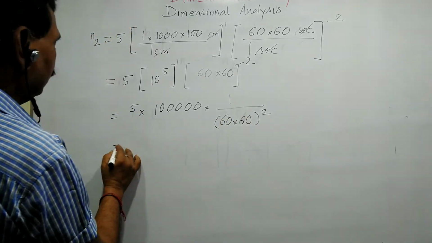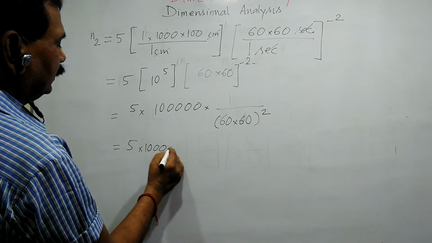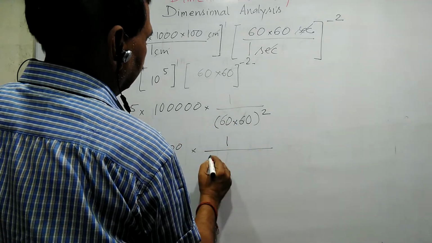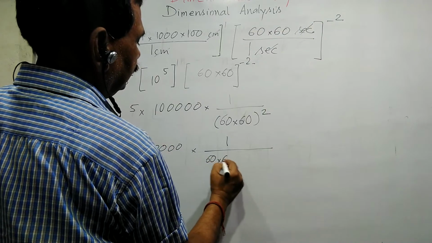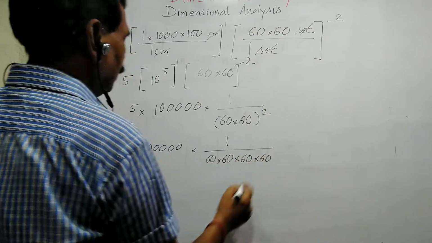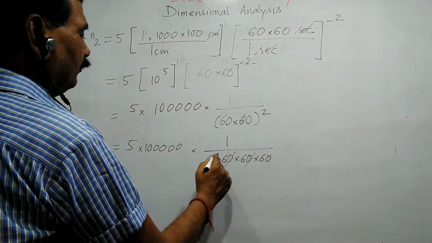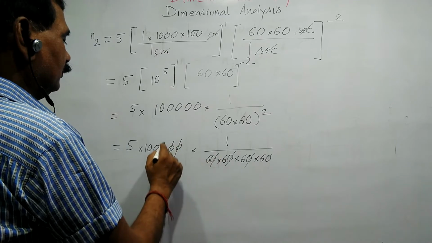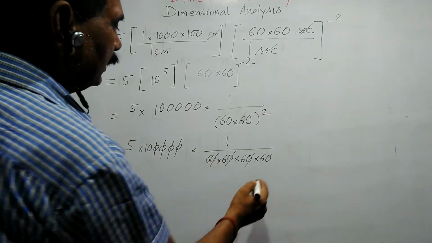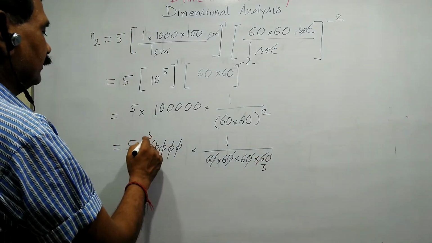Then write down 5 into 10 to the power 5, and now 60 into 60 into 60 into 60 in the denominator. Now let us cancel. This has been cancelled. Now cancel this, this is 3 and this is 5.